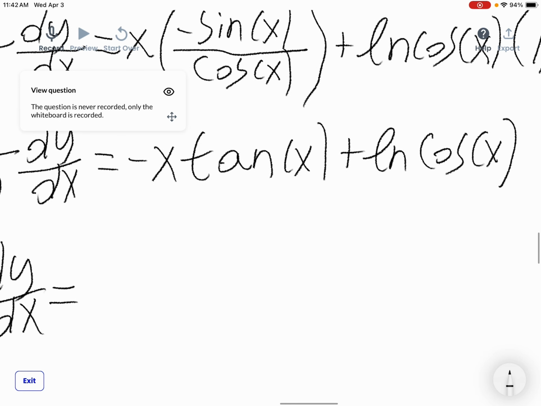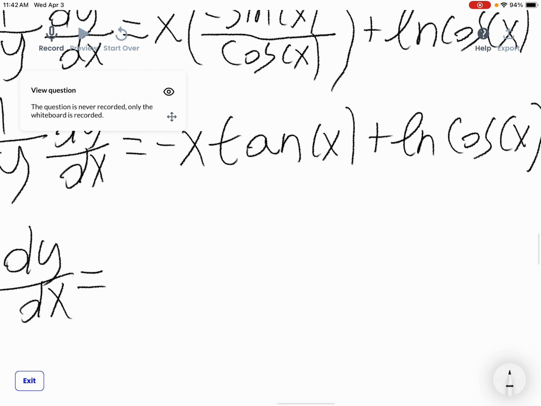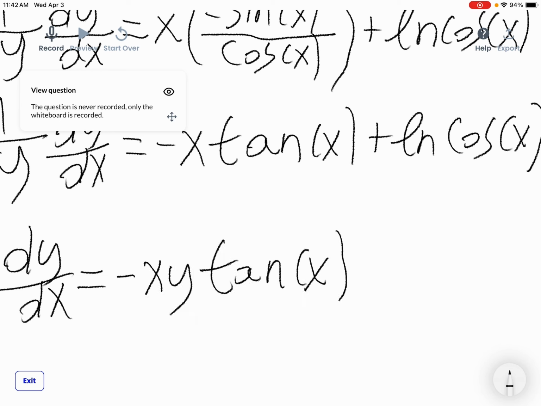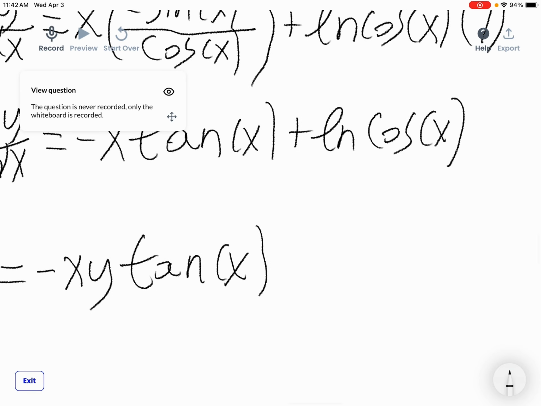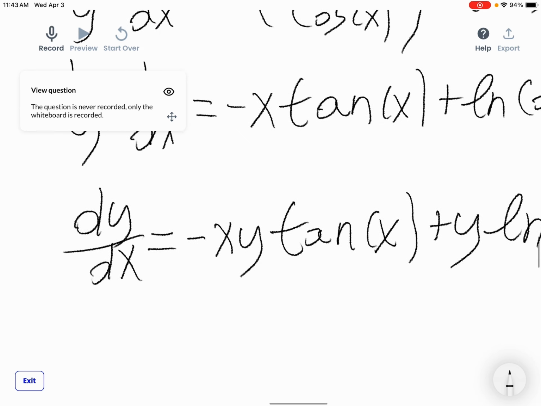We get y times the first piece, which gives us negative xy times tangent of x, and then plus y times the natural log of cosine of x. So there is the derivative of y with respect to x.